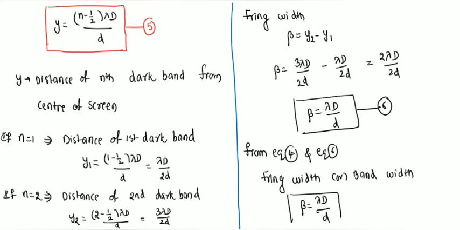On what factors does the fringe width depend? The fringe width depends upon the wavelength, the distance of the screen from the slit, and the distance between the two slits. On these three factors, the fringe width depends.